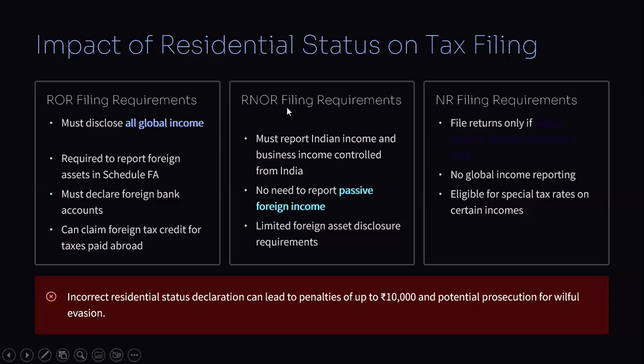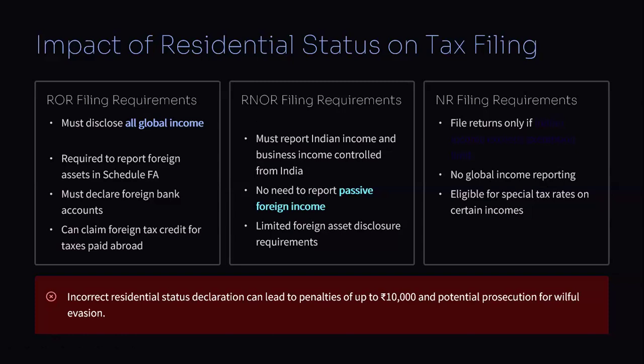But if he is a resident and not ordinary, in that case, he is not required to give disclosure about foreign income. Only in case this foreign income is transferred to India or the expenses out of foreign income are made in India, he needs to pay the tax when he is a resident and not ordinary. Whereas when he is a non-resident, that is no basic condition, no additional condition, then none of his income is liable to pay tax in India.